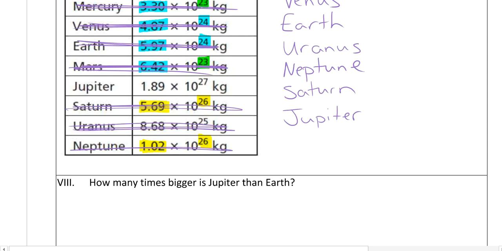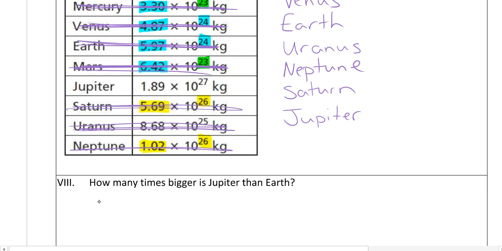Now going back up to our learning target, where it says we should be able to compare values written in scientific notation as how many times bigger one is than another. Question 8 says, how many times bigger is Jupiter than Earth?